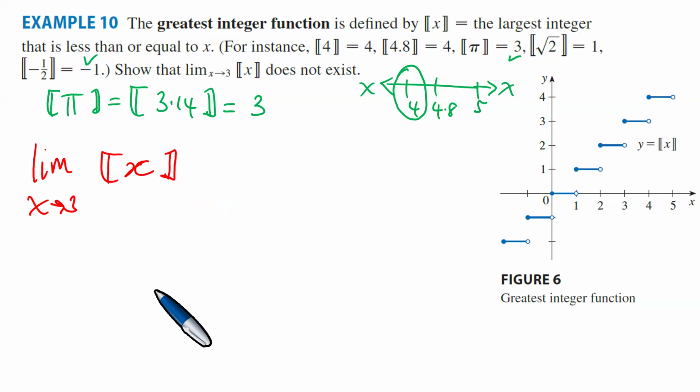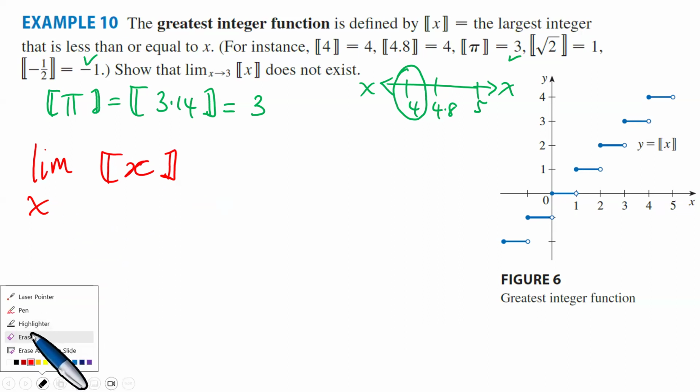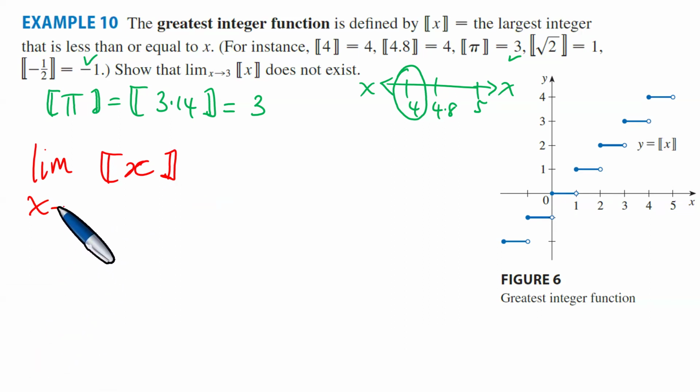3. Okay, you think the limit is 3. Why would you think it's 3? We're just talking before we do it together. The integer less than or equal to the limit is 3.